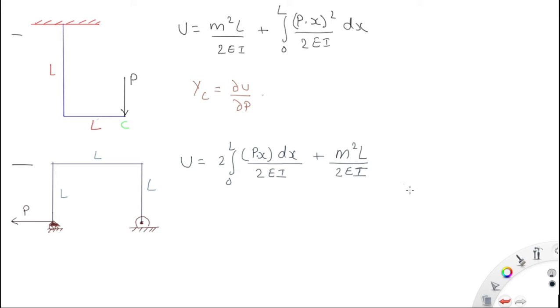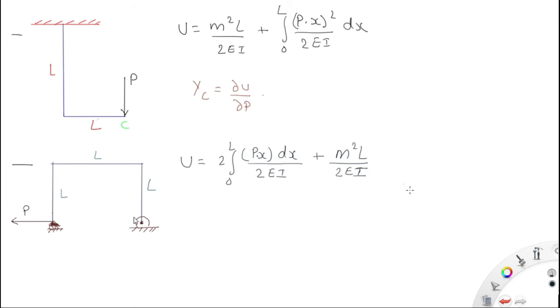So total strain energy is equal to the integral from 0 to L of P into X into dx by 2EI for this varying part, because here the bending moment is varying, so P into X up to L, because this distance is L. This is two lengths, because here the load is applied, the reaction will also be applied.